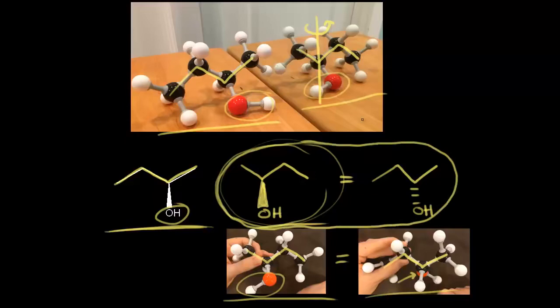So there are two main ways to draw enantiomers, at least two ways that I like to use. The first way is to reflect the compound in a mirror, and that's what we did first. We took this compound and we reflected it in the mirror, and we drew what we saw, and that gave us this drawing of the enantiomer.